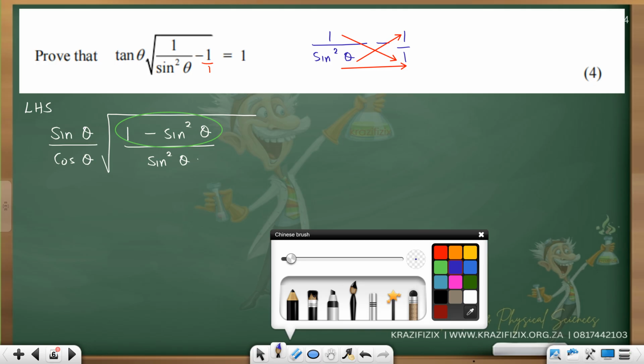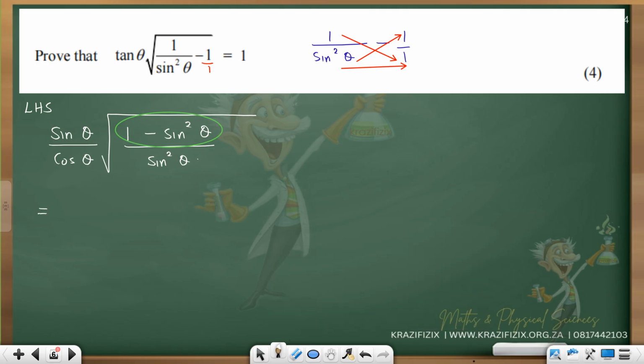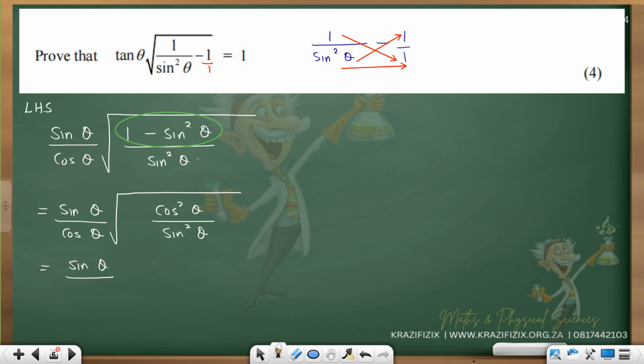What do you see there? You need to keep those identities close by. 1 minus sine squared theta is actually cos squared theta. Oh, beautiful. So I have sine theta over cos squared theta.